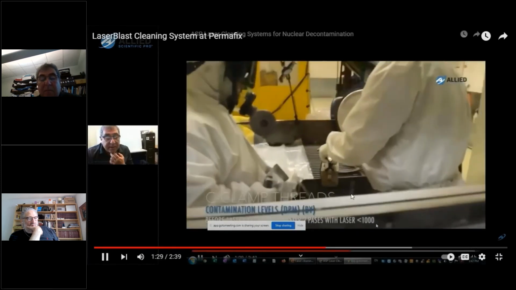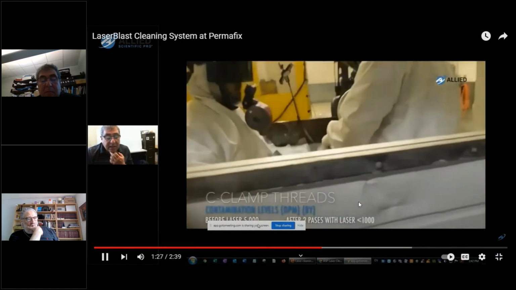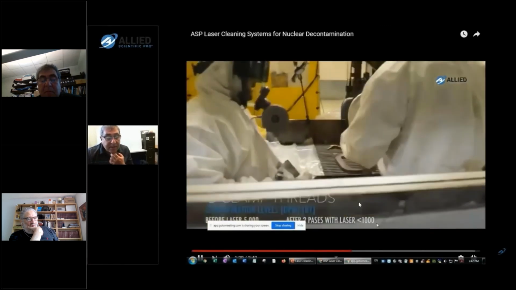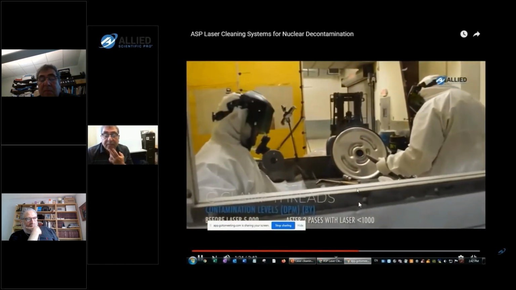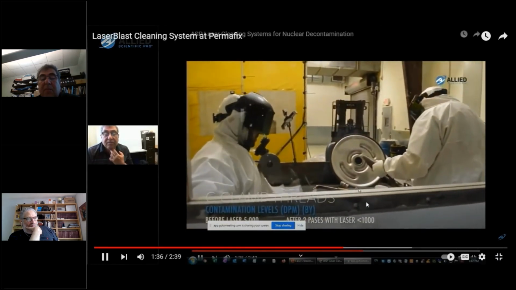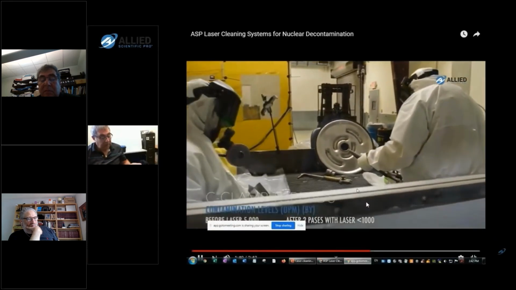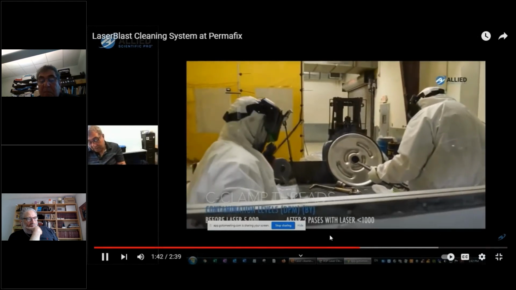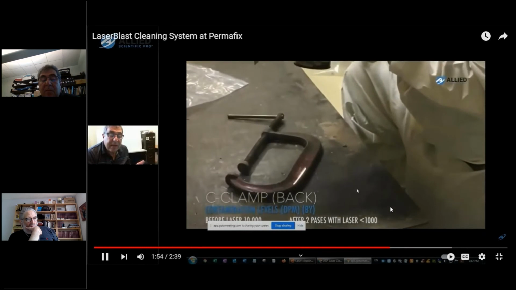Initially, it was 5,000. With the laser, it went down to less than 1,000. Then the C clamp is being cleaned.